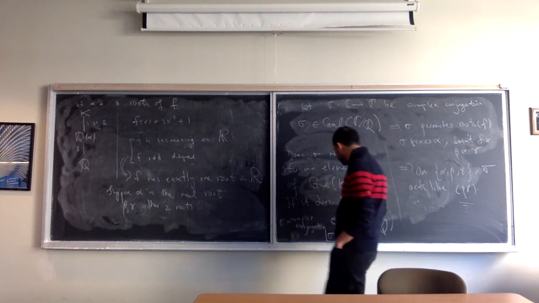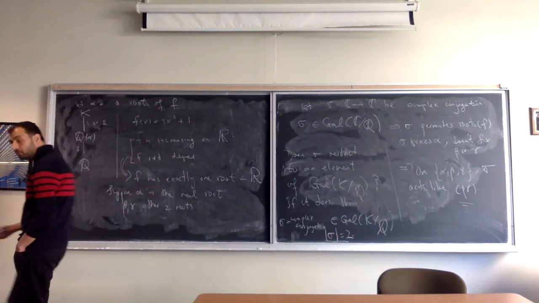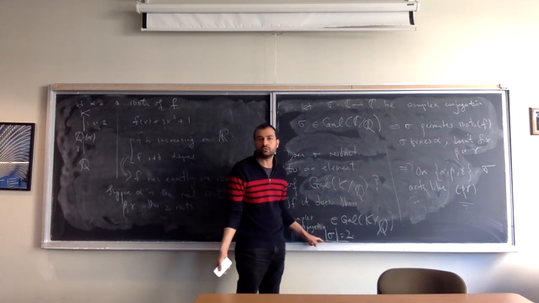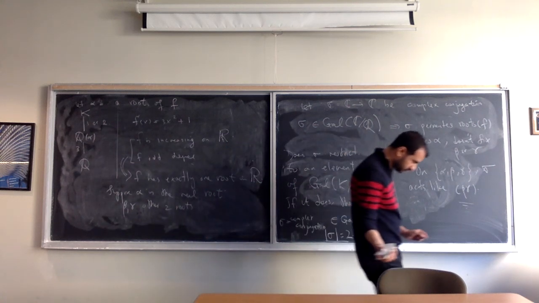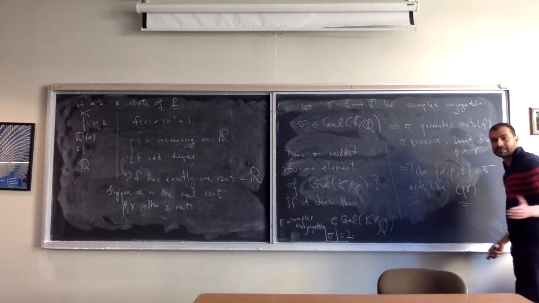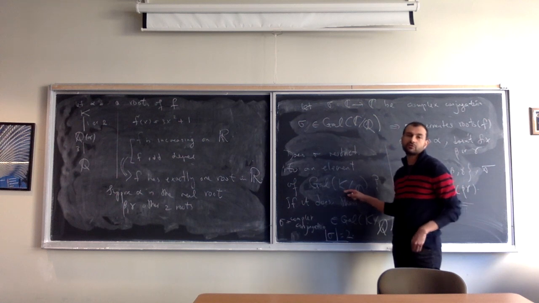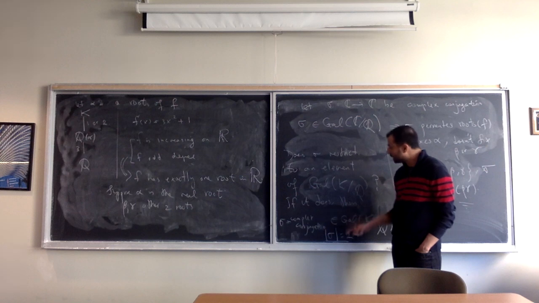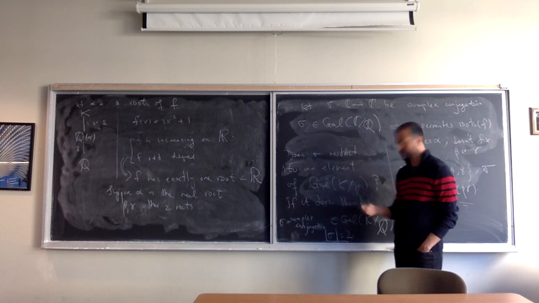And then if you have an element of order 2, what does that tell you about the Galois group? If the group has an element of order 2, what does that tell you about the order of the group? Exactly, by Lagrange's theorem. The order of every element divides the order of the group. So if you found an element of order 2, that implies that the order of the Galois group must be a multiple of 2.